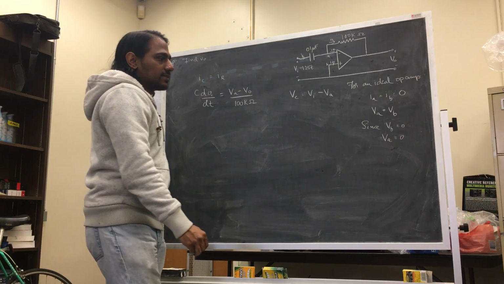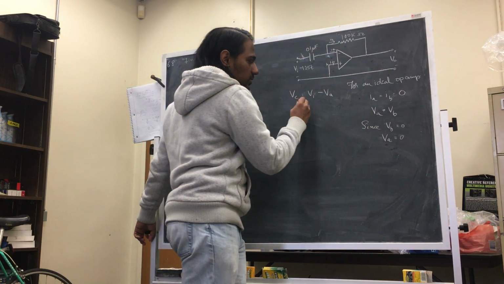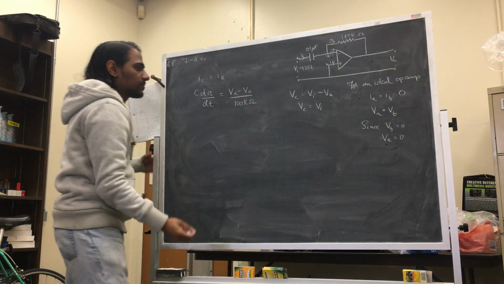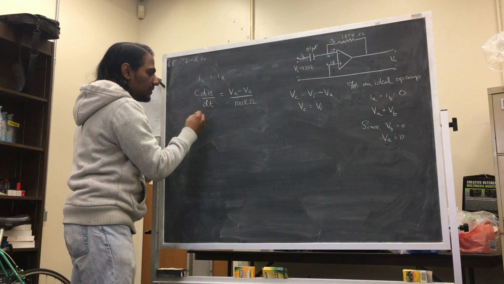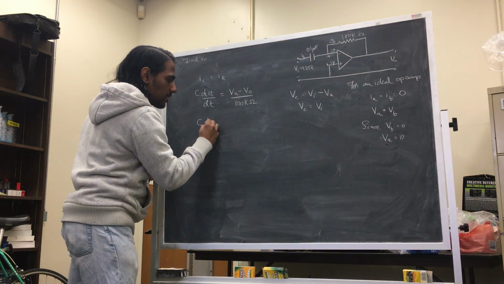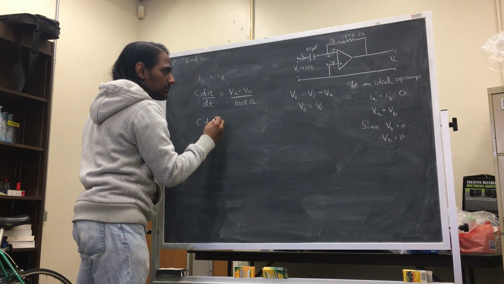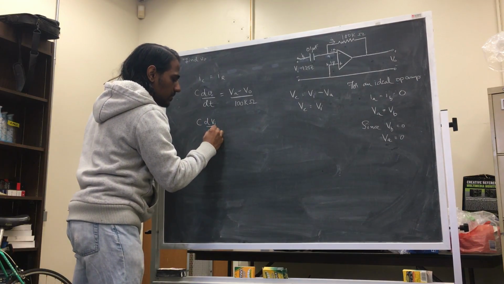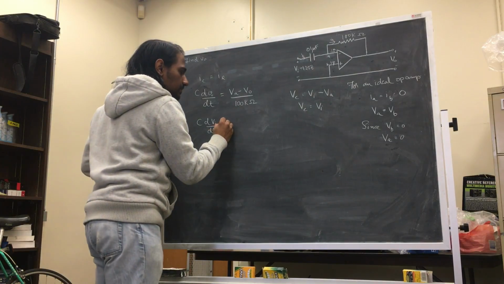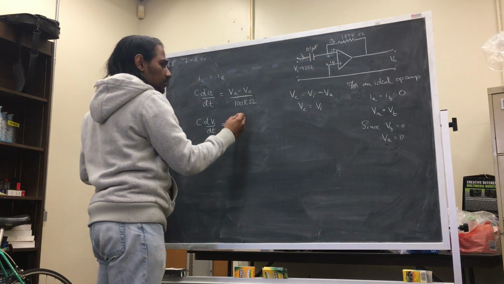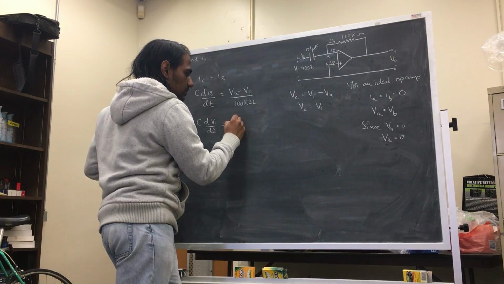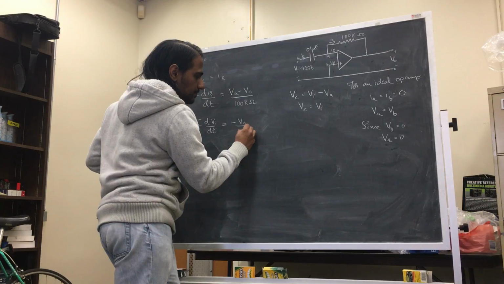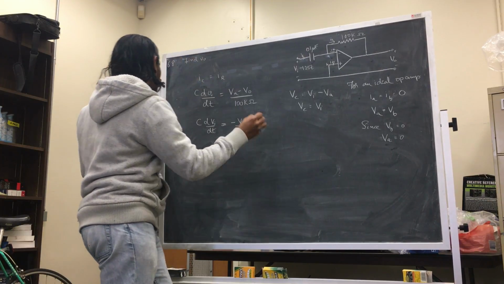Now, since we know that VA is 0, VC would be VI, and this equation reduces to C dVI divided by dt would be equal to minus V0 by 100 kilo ohm.